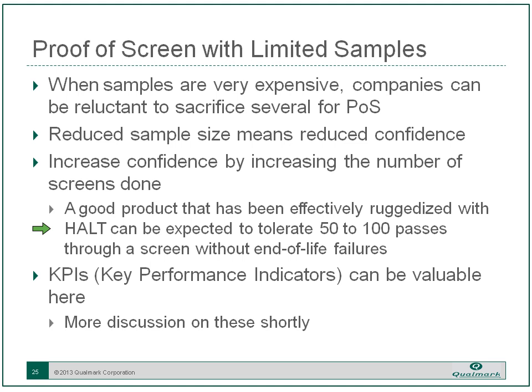And then you have a really good idea of what that one unit did. And if it's sufficiently far out, then you can move into the screen with confidence. Another thing you can think about is implementing what we call key performance indicators, where you're looking not necessarily for a failure, but for a degradation in performance, a reversible degradation in performance. That can be valuable to look at, and I'm going to be discussing that shortly here.